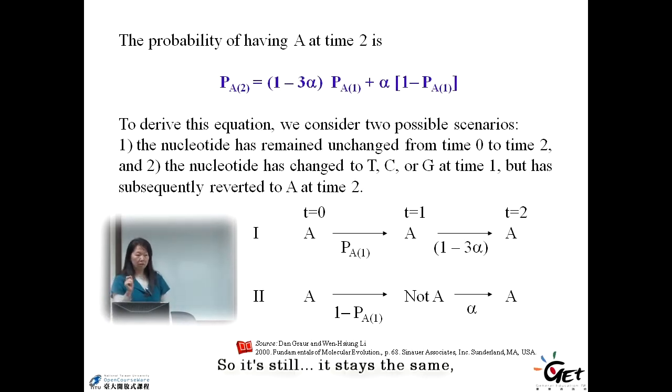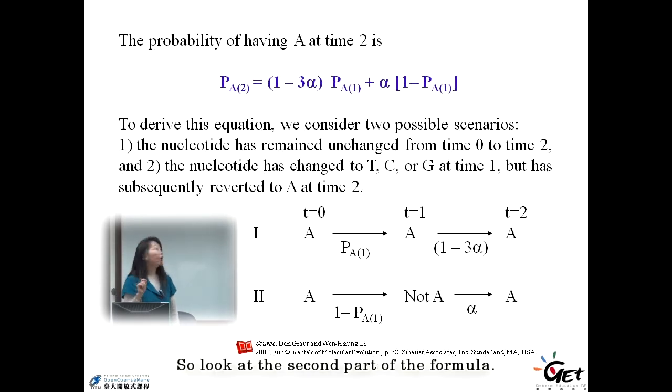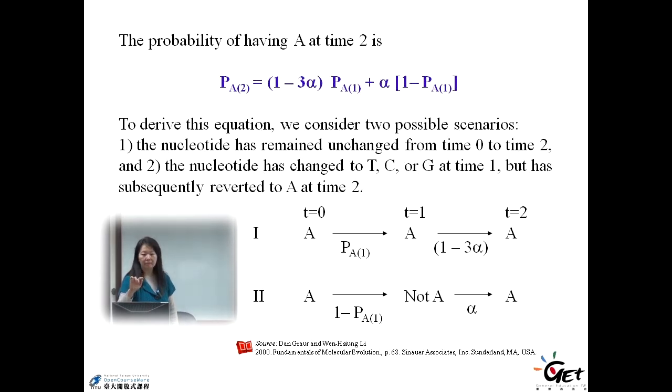For the first path, the probability of staying the same is 1 minus 3 alpha, as we just mentioned in the previous slide. But remember, it's from t1 to t2. So look at the second part of the formula: 1 minus 3 alpha is the probability A didn't change, times P_A(1), the probability that at time equals 1 it is an A. That's the part before the plus.